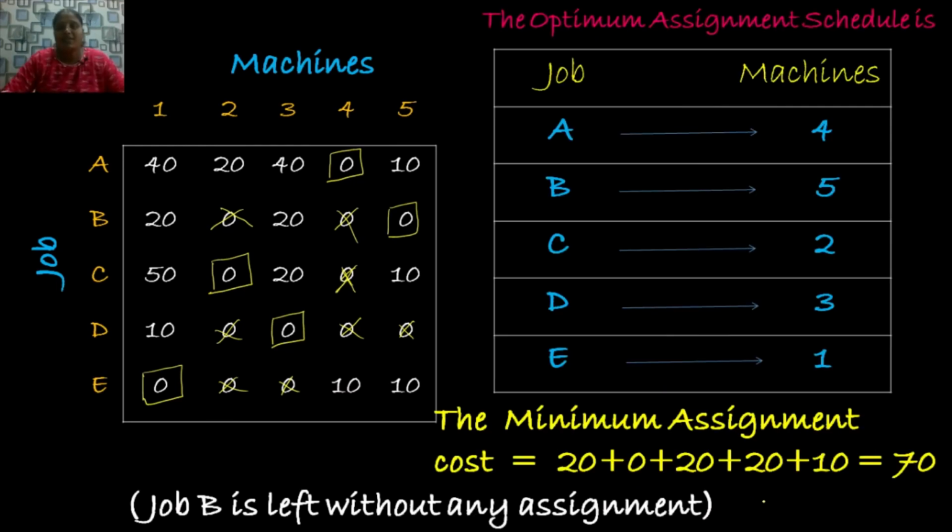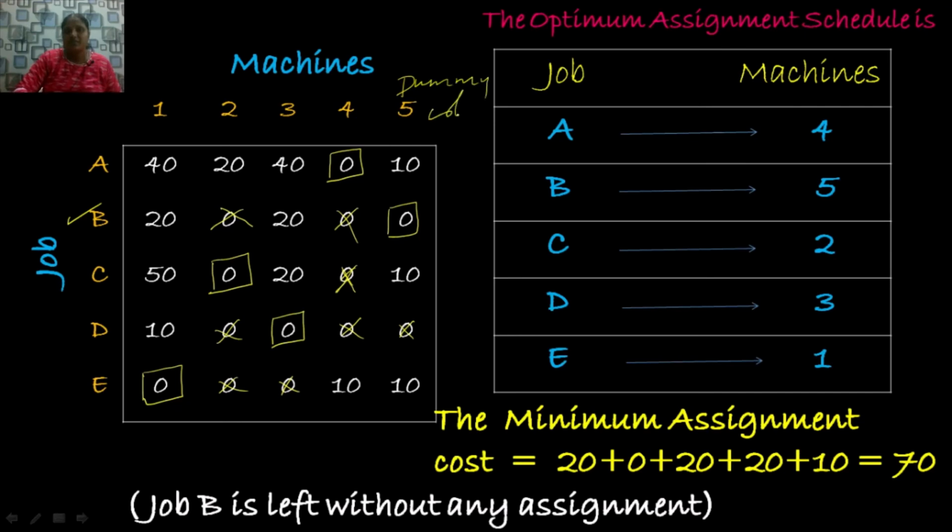So for the given problem we arrived at the optimum assignment schedule and the minimum assignment cost. What is our conclusion based on the given problem? Here job B is left without any assignment, because 5 is my dummy column.